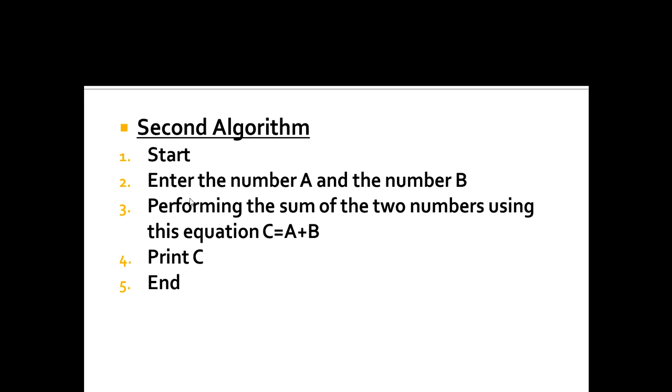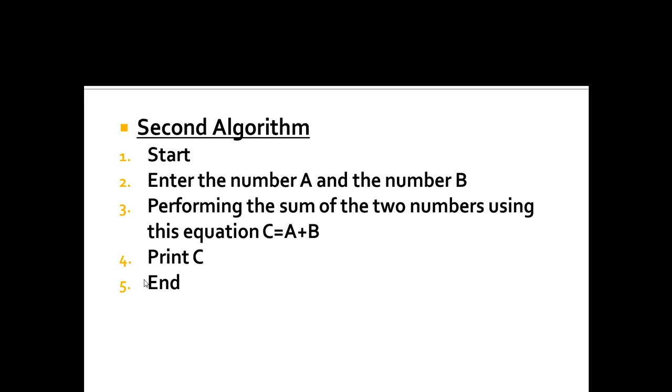Second step should be writing the inputs using the keyword enter, or we may use the keyword input, either of them. Then after writing the inputs, you need to write the process or the equation. To represent the output, we use the keyword print. To represent the final step, it should be end.